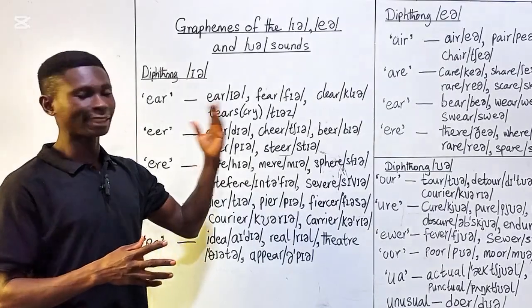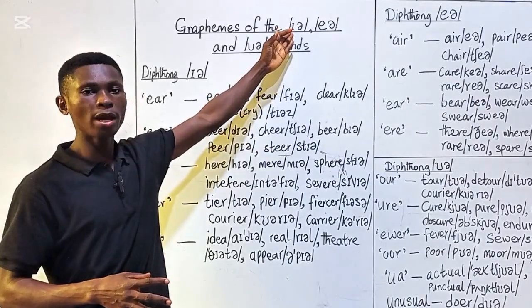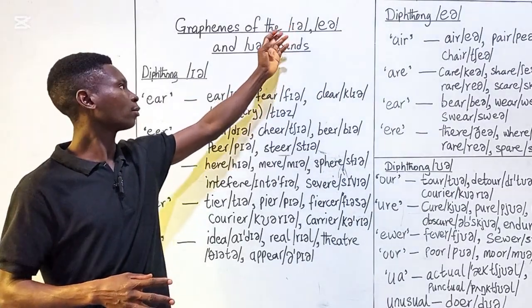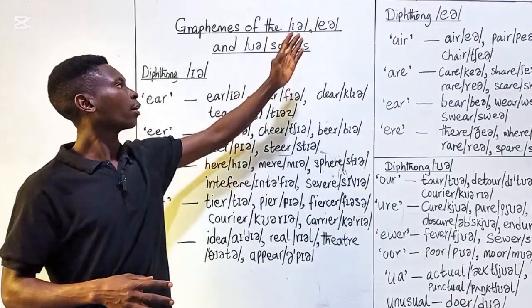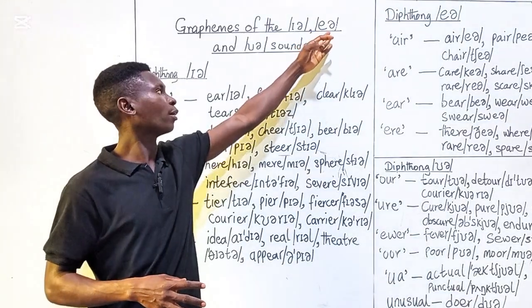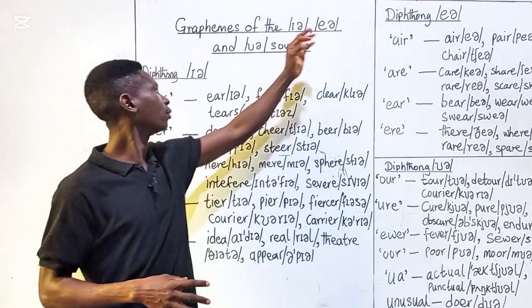Now, how do we articulate them? To articulate this, you begin from where you have the I sound to where you have the schwa sound. So you have ear, ear, ear. Then you begin this from where you have the A sound to where you have the schwa sound. You have air.